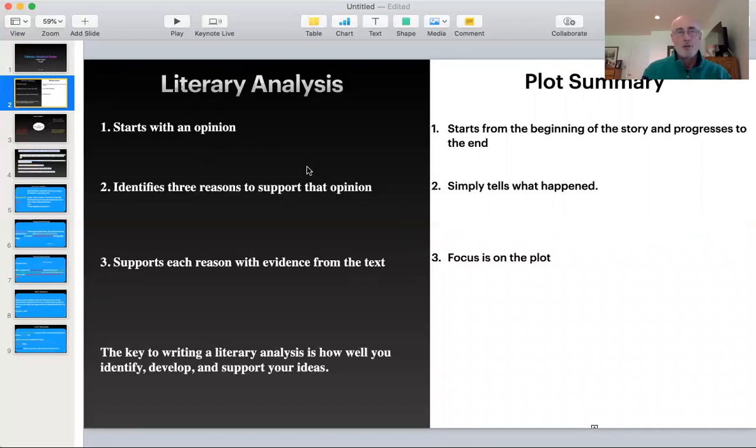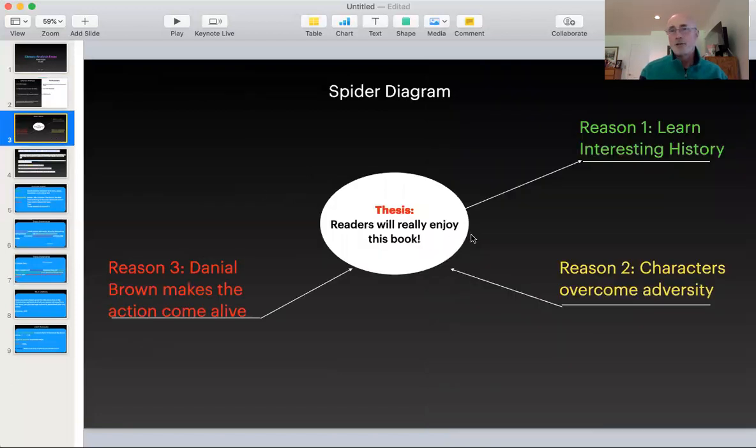All right, this is where it gets a little bit gray, and the expression gray means you actually can tell some things that happen in the story, okay? In fact, you might end up having to do that with all 3 of your points. You have your 3 reasons for it, but each time you're telling something that happened in the story, you're tying it back to this main reason, number 1 or 2 or 3, okay?